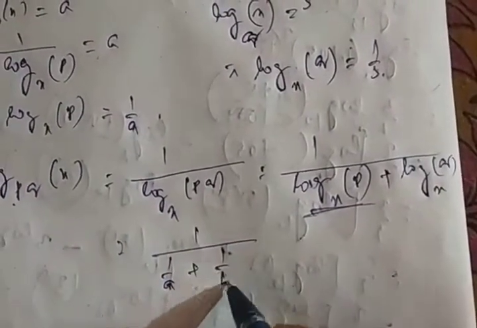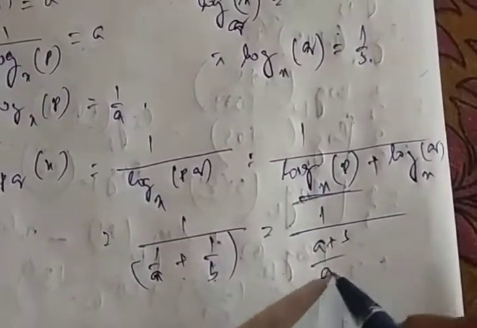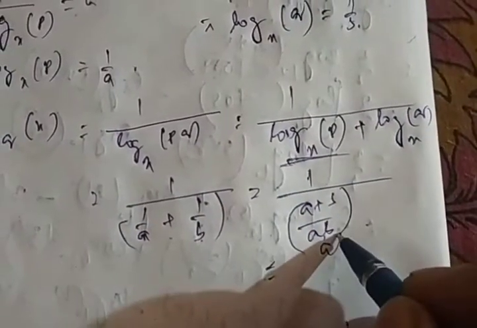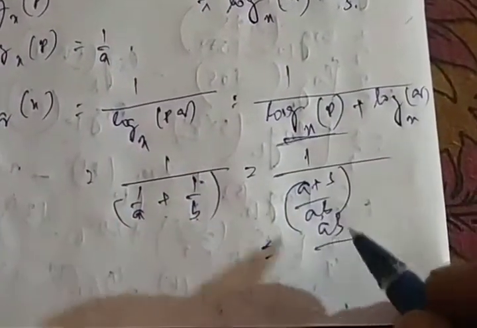Now this is given as 1 by a and this is 1 by b. So 1 by a plus 1 by b equals 1 by, taking LCM, a plus b by ab, and here we get ab by a plus b. Hence proved.